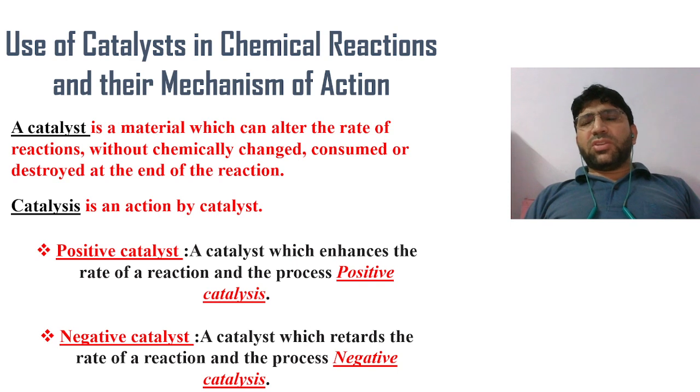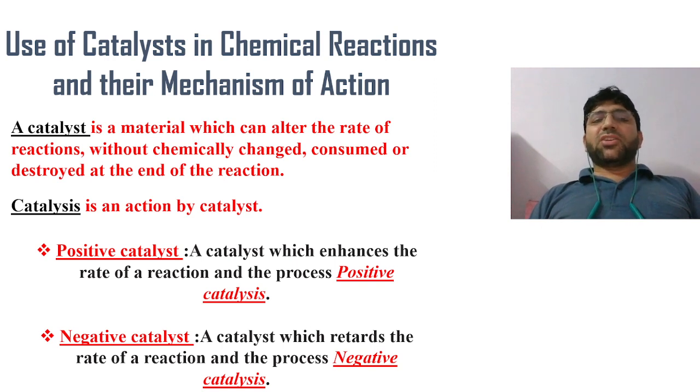If some substance can make this process easy, using less time and consuming less energy, that substance is known as a catalyst. So we can say a catalyst is a substance or material which alters the rate of the reaction, and the catalyst itself does not get chemically consumed, changed, or destroyed at the end of the reaction.